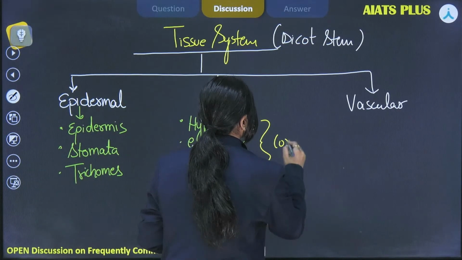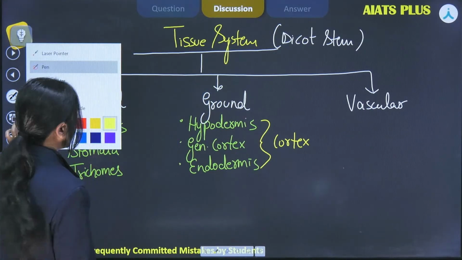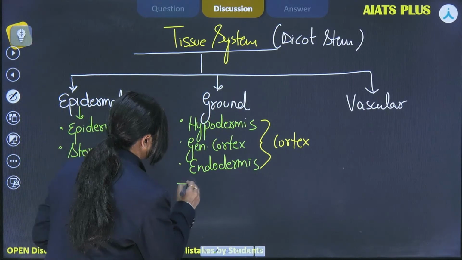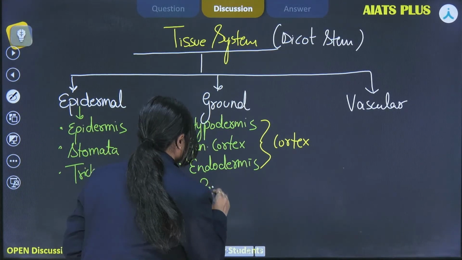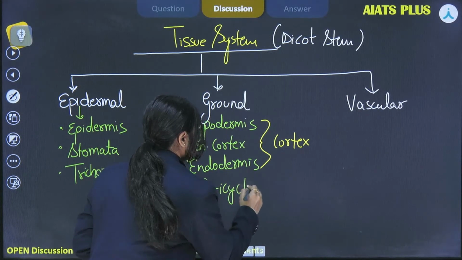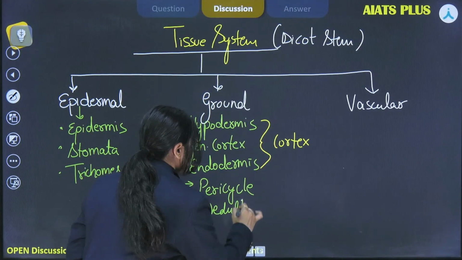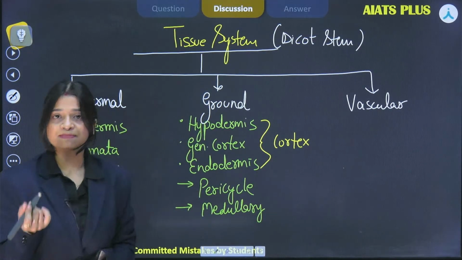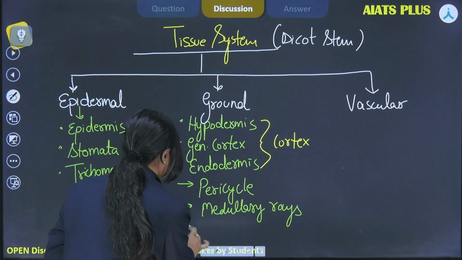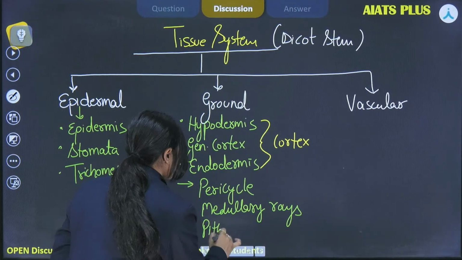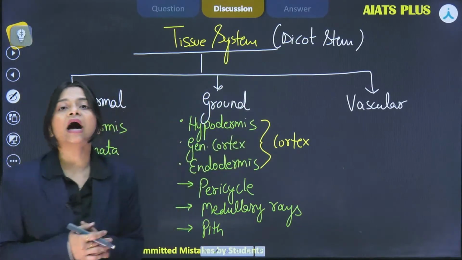So this is the cortex region. Then the next part that we take up is the pericycle. Then the presence of medullary rays, we can also call them pith rays, medullary rays, and the last one is the pith. All these regions together form the ground tissue system.